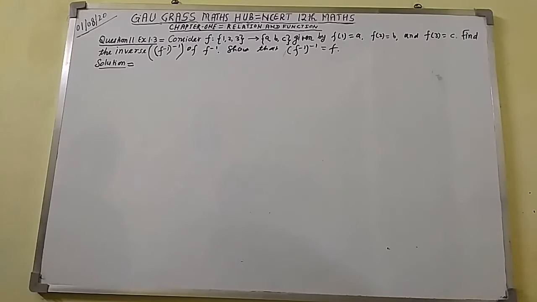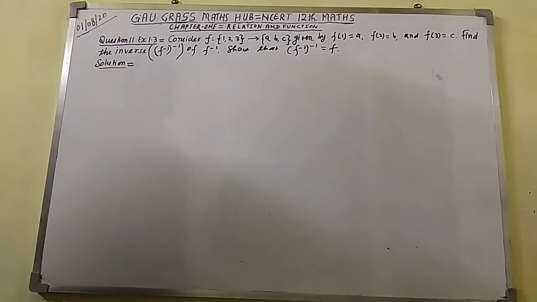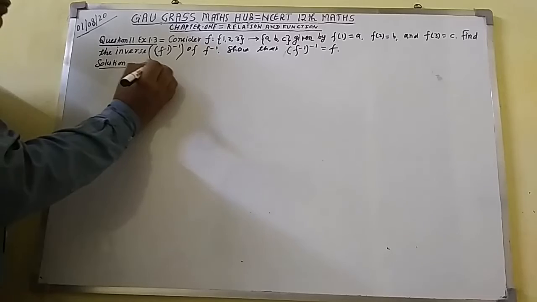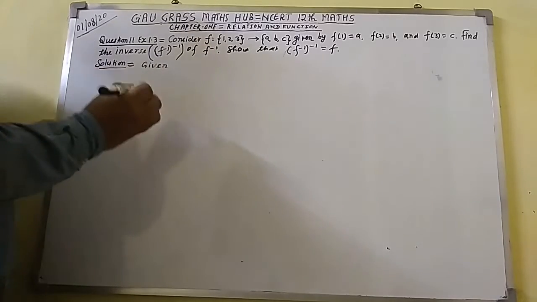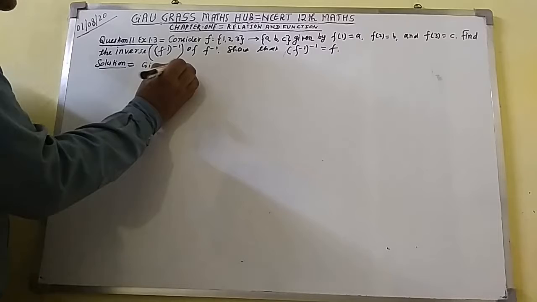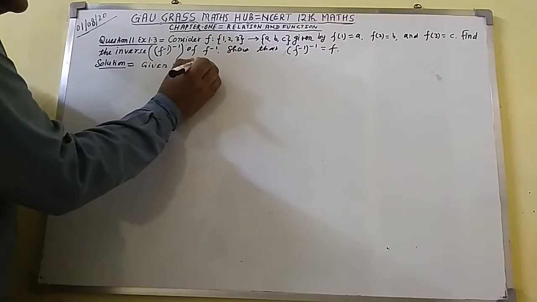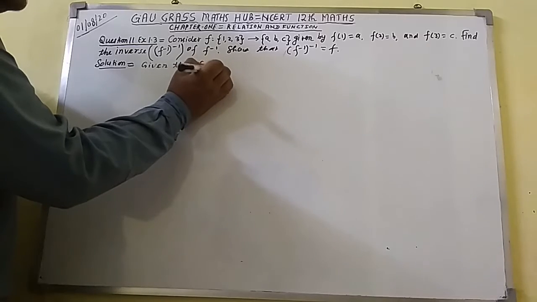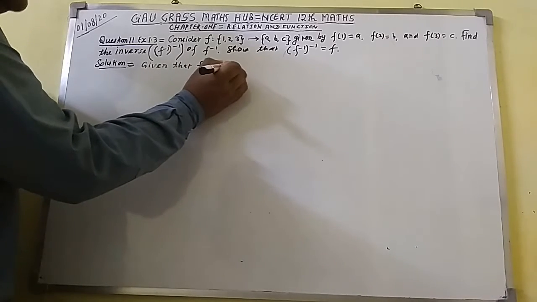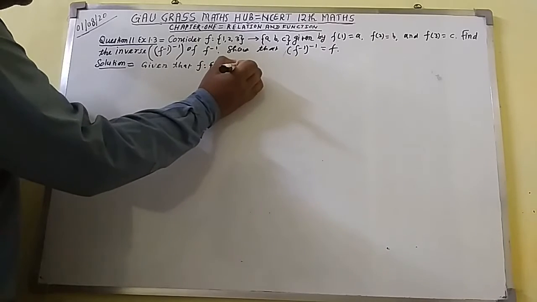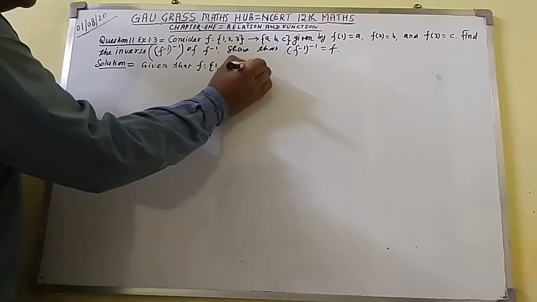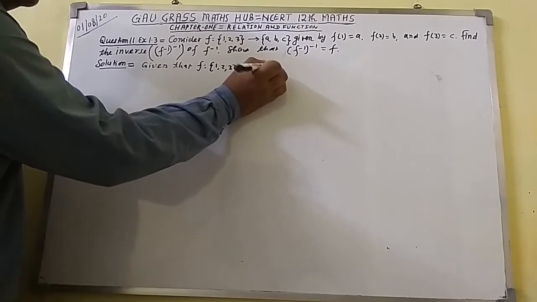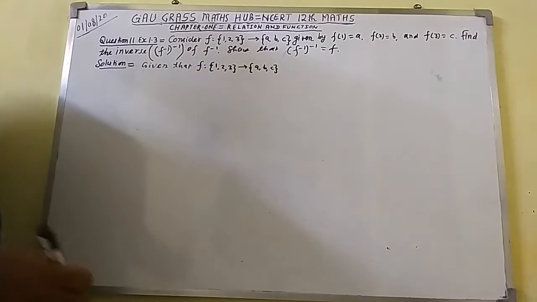Now here I am going to write: given that f is a function from the set {1, 2, 3} to the set {a, b, c}.